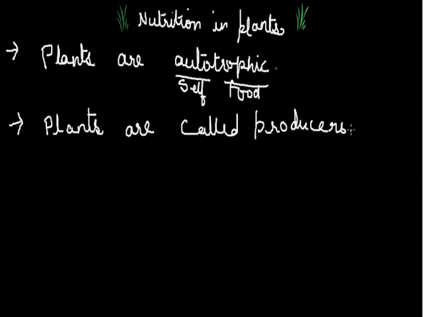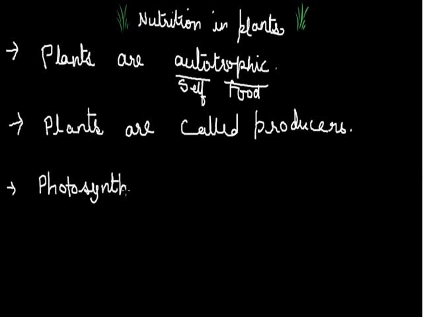Now we know that plants are autotrophic in nature and they prepare their own food, and plants are also called producers. But the thing that we need to know now is, how do they do this? What is the process? Plants do this by a simple process called photosynthesis.